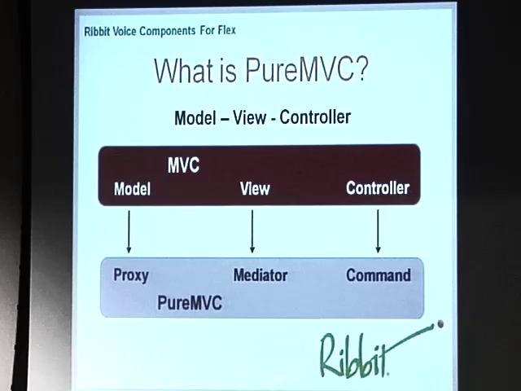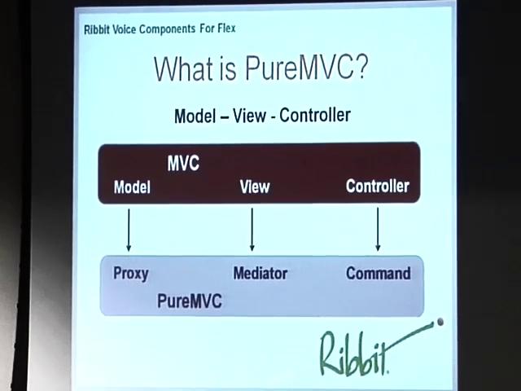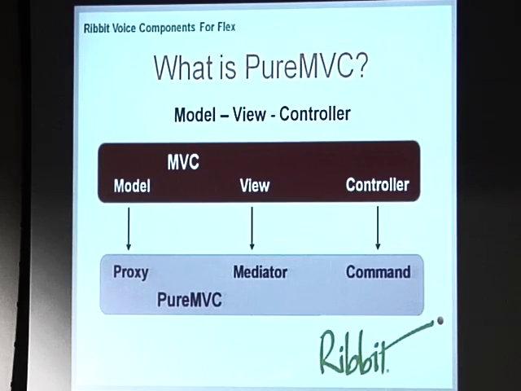So with PureMVC, they've taken this Model View Controller and they've broken it up into 3 basic sections that coincide with that pattern. So with the model, you're going to have things called proxies.